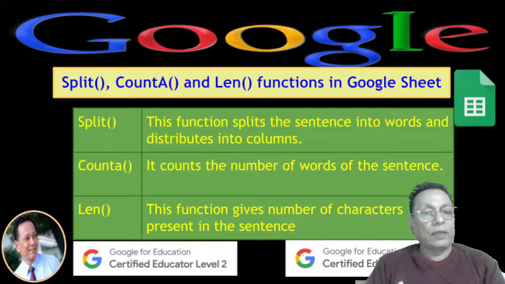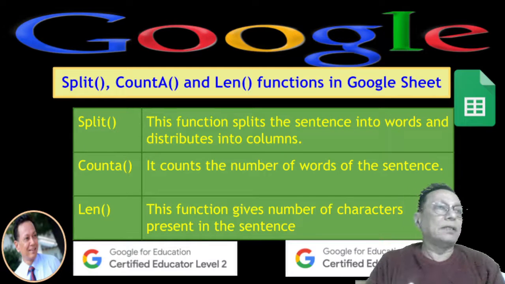When we apply a split function on any sentence, it splits the entire sentence into words and equally distributes them into the columns. For that, a split function requires a delimiter, meaning from which character we want to split the sentence. Normally there is the delimiter, which is the space.